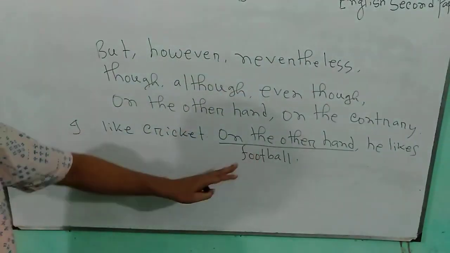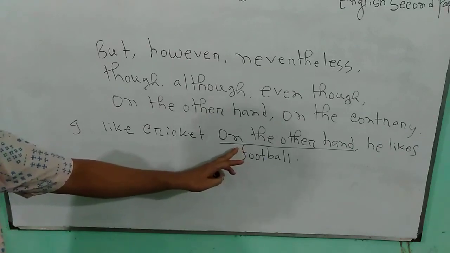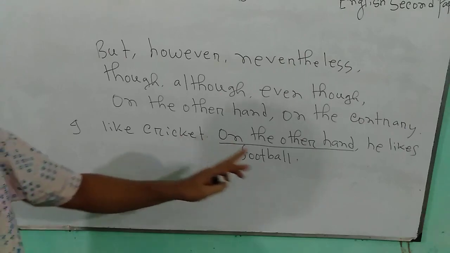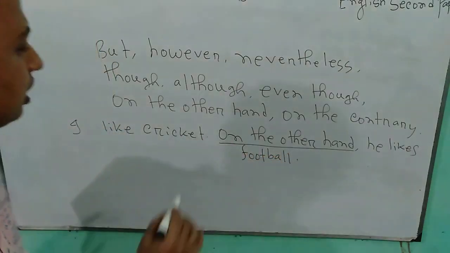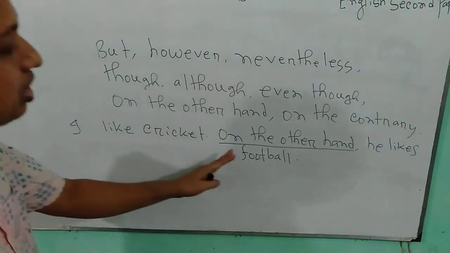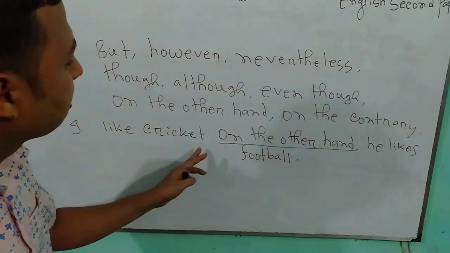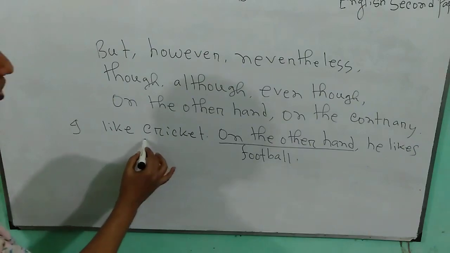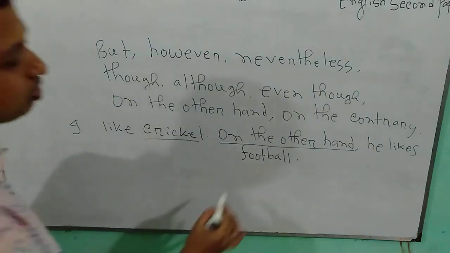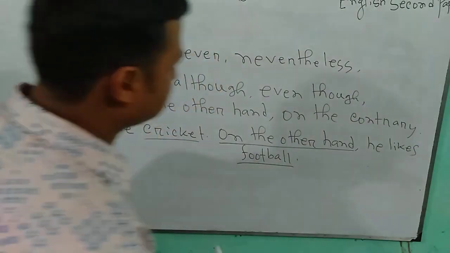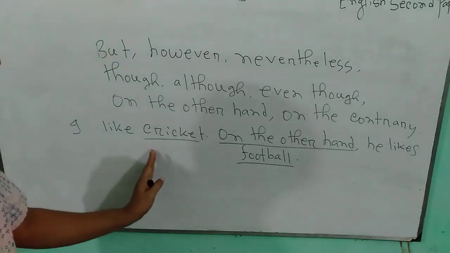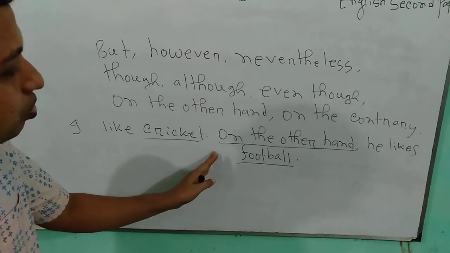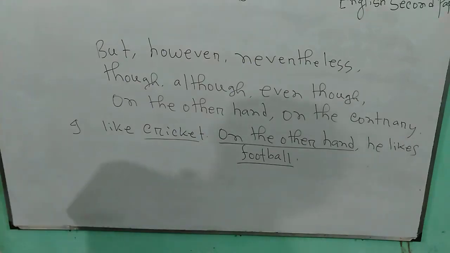It is a phrase. This linking word has connected the idea of I like cricket and the idea of he likes football. Here the relationship between these sentences is quite opposite. Cricket is one kind of game, football is another kind of game. So the idea of the first sentence contrasts with the idea of the second sentence.